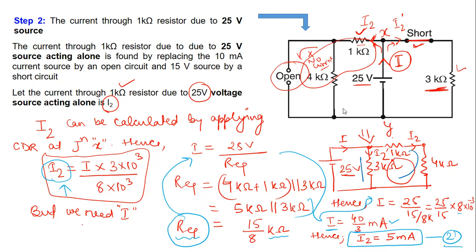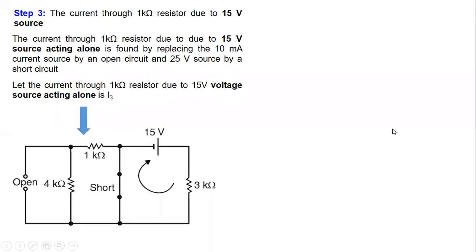Now let us find out the value of current through the 1 kilo ohm resistance using the 15-volt source. Considering the 15-volt source alone and replacing all the other sources with their internal resistances, the 10 milliampere source is kept open and the 25-volt source is shorted.